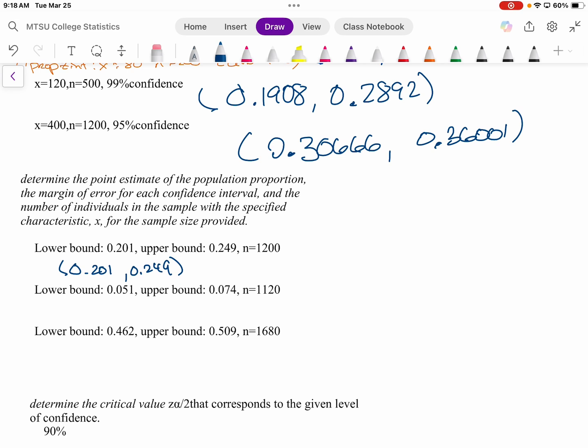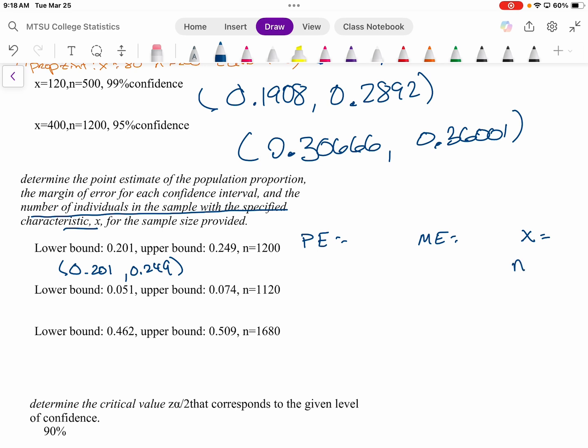They asked me to go through and figure out, okay, what is the point estimate, the PE for point estimate? What is the margin of error? And then they asked me to find the number of individuals, X, based on the sample size provided. So we got three answers here. So what is the X value is what they're asking us for.